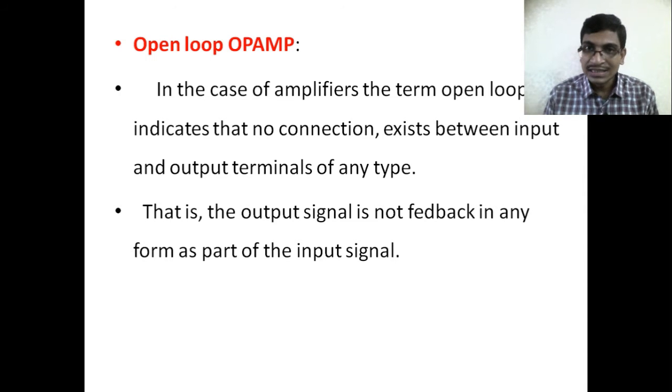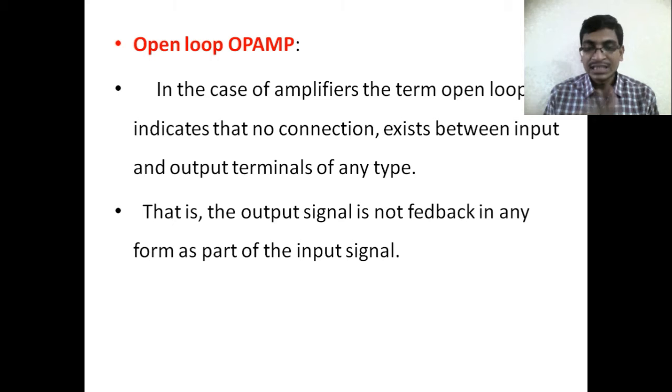Directly means from the output side to the input side, we can use one wire to feed back our output signal into the input side. Indirect means using some feedback network, like a resistive, capacitive, or inductive feedback network, to give the output signal to the input side.